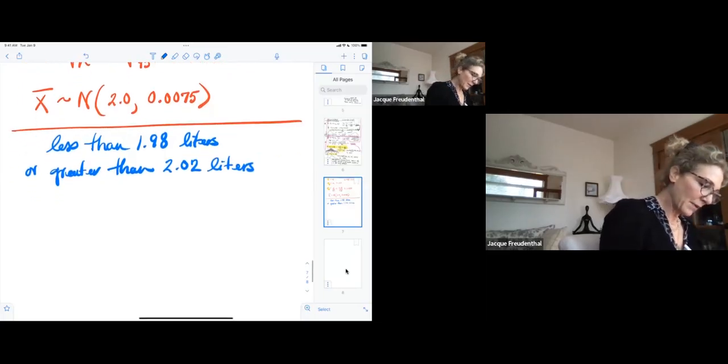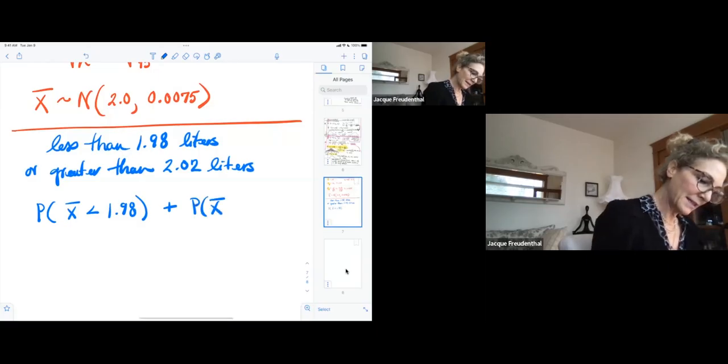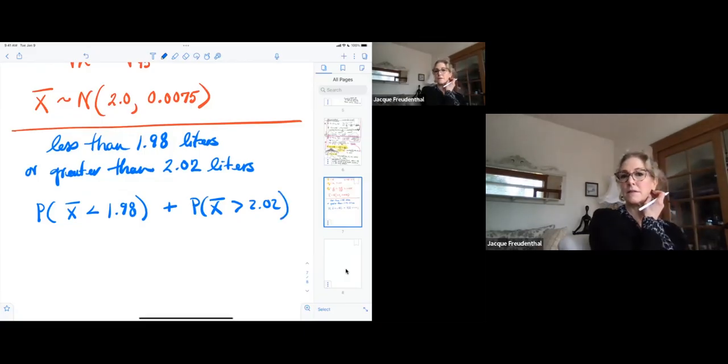So we're looking at the probability that X bar is less than 1.98 liters or the probability that the sample mean is greater than 2.02 liters. So that's what we're trying to find.